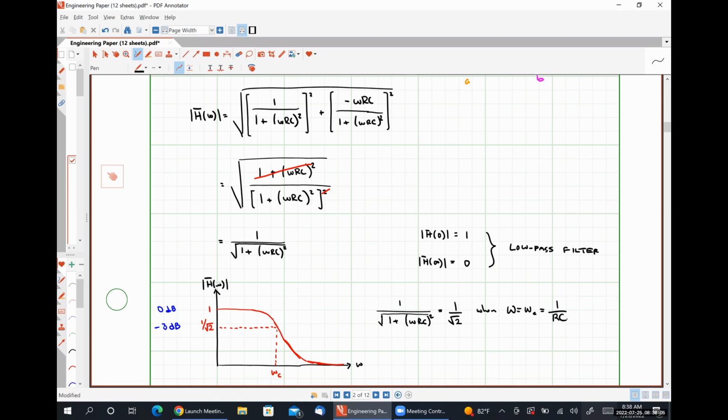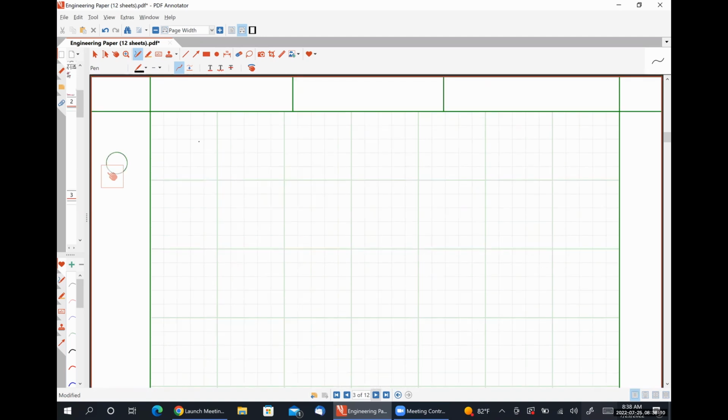All right, now let's look at our phase response. Theta as a function of omega is the inverse tangent of B over A. So this is going to look like the inverse tangent of, let's go back a page and look here.